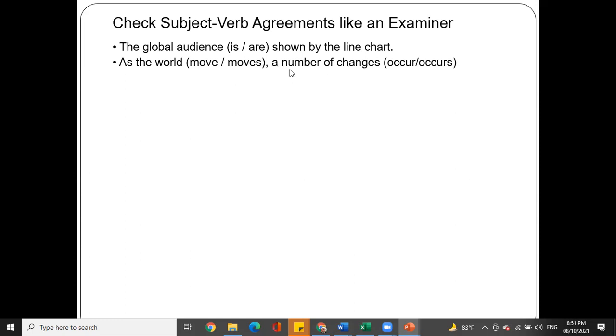As the world moves, a number of changes occurs. There.